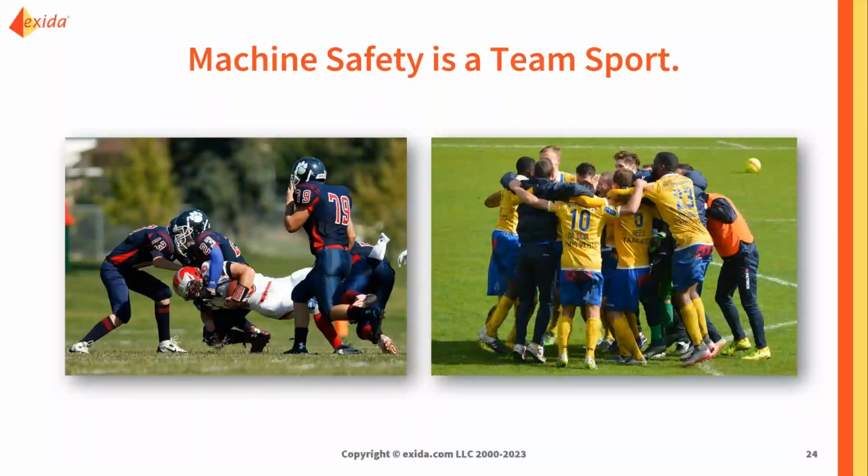You've got to have it documented. And it's only together, pulling in all of the necessary groups, the operators, the maintenance technicians, the supervisors, the controls engineers, all of those personnel really have to work together in order to understand, implement, and comply with the machine safety program. And so that's one point I really want to highlight here.